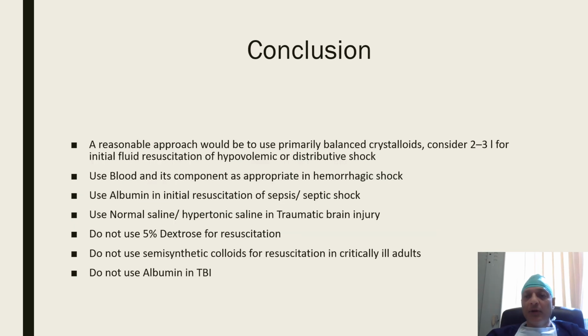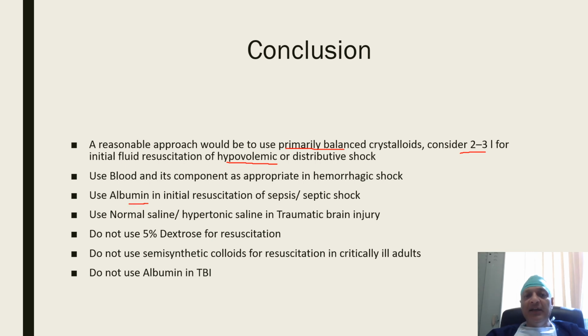So to conclude fluid resuscitation, a reasonable approach would be to use primarily balanced crystalloids, which are Ringer's lactate, Hartmann's solution and Plasma-Lyte. Consider 2 to 3 liters for initial fluid resuscitation of hypovolemic or distributive shock. Use blood and its components as appropriate in hemorrhagic shock.